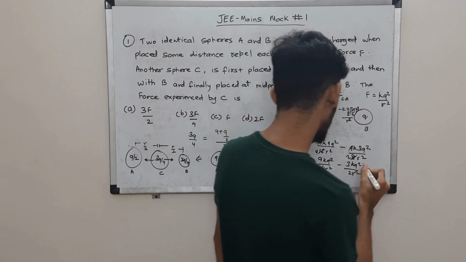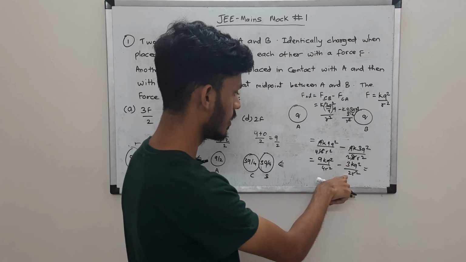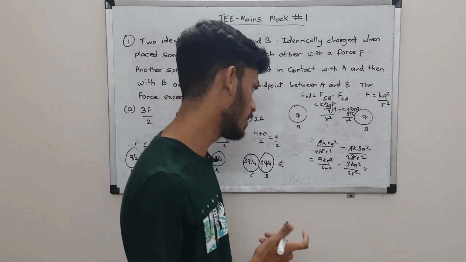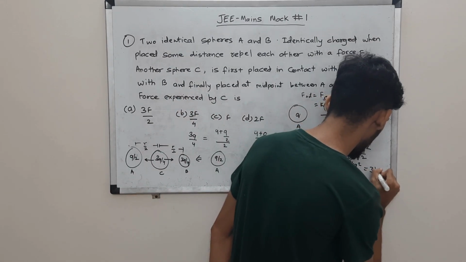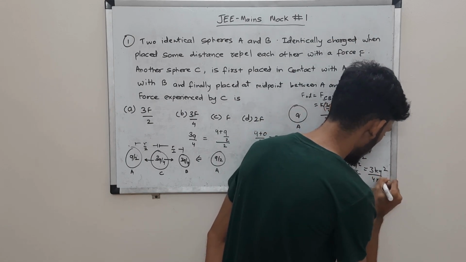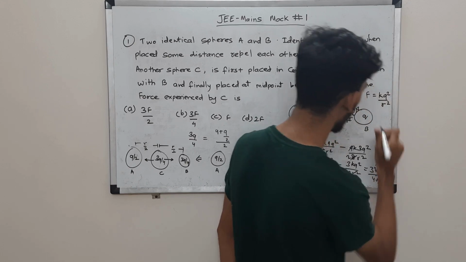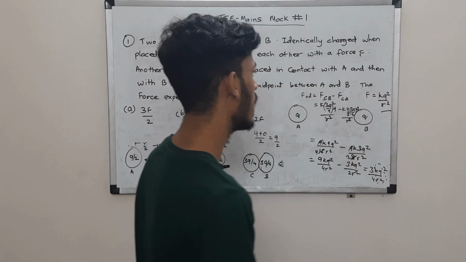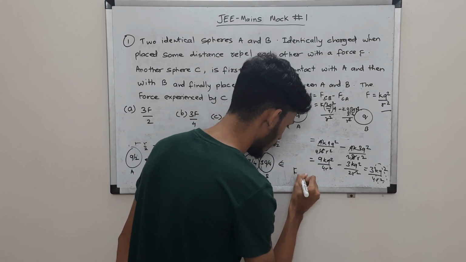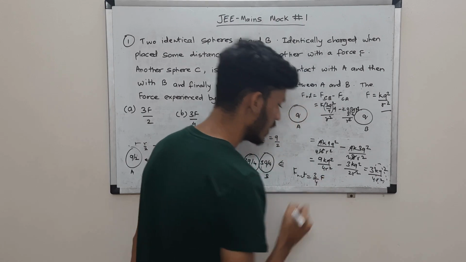Okay, and if you solve this, if you multiply 2 over here, this will be 6 and this will be 4, so same denominator. 9 minus 6 is 3, so 3kq square by 4r square. Kq square by r square is F basically, so this F net that we found is 3 by 4 of the initial force.